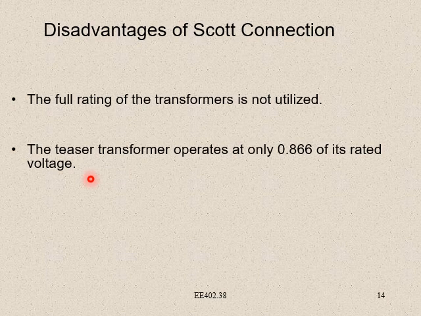So these are the main disadvantages of Scott connection, that the full rating of the transformers is not utilized, and the teaser transformer operates at only 0.866 of its rated voltage, that is 86.6% of its rated voltage.